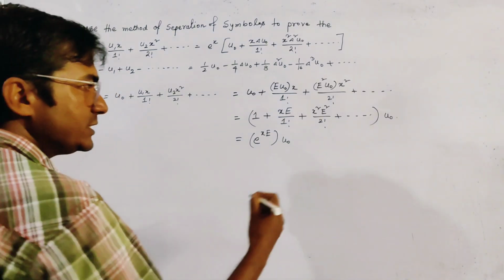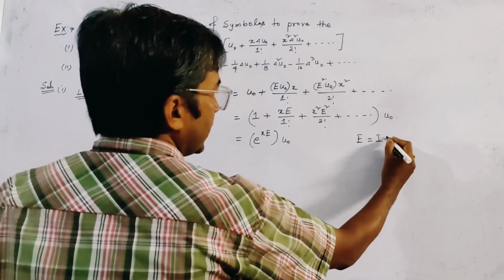Right? And what is E? E means 1 plus delta.